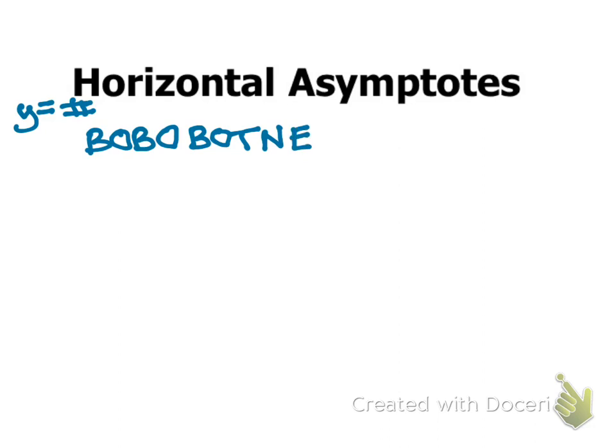And if the exponents are the same, we divide the coefficients. We'll go through this again in a second, but the mnemonic device that I use for this is Bobo Botten eats DC. Like he's a big old robot and he's hungry, okay? So Bobo Botten eats DC.